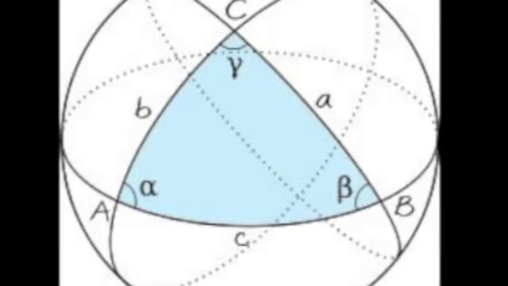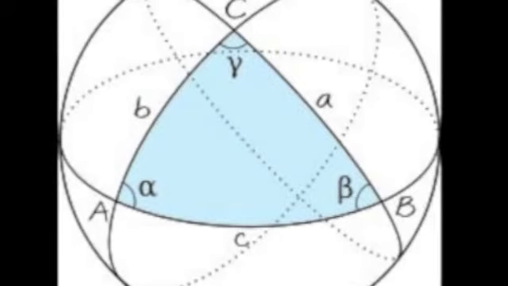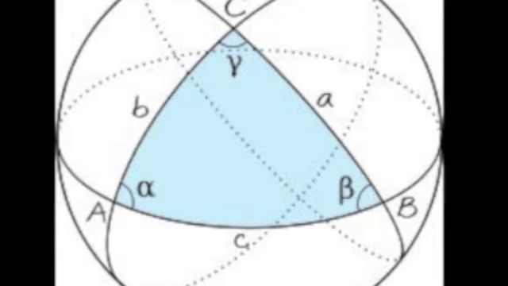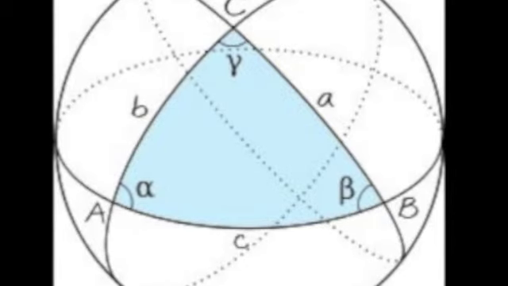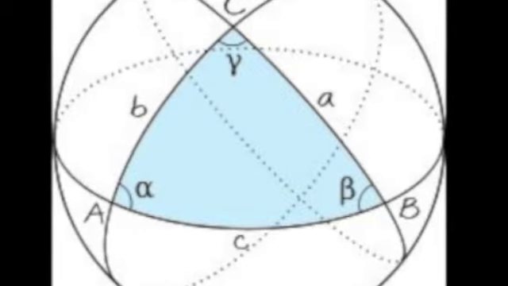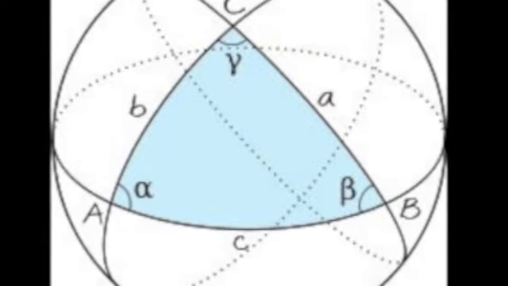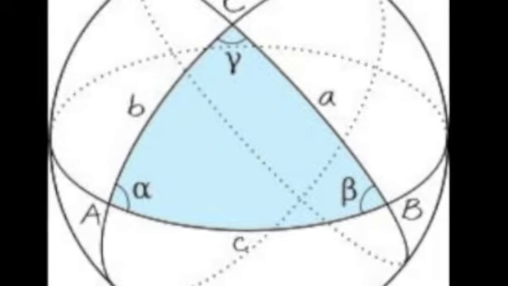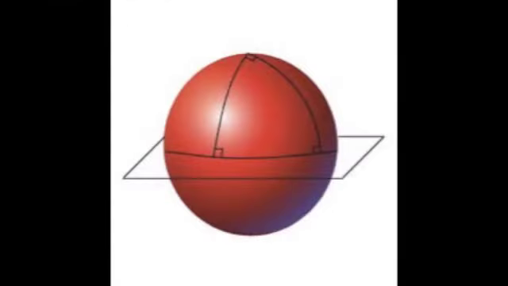The way to find this is often done using the solution of spherical triangles. In this, we use the cosine law for triangles on a plane: C squared equals A squared plus B squared minus 2AB cosine C. We can use this formula when we are given two sides of the spherical triangle and the measure of the angle between these two sides.